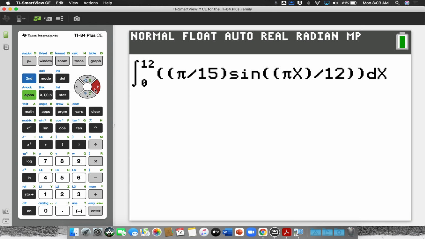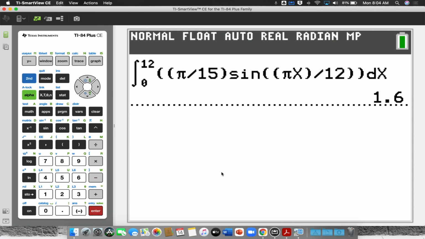They gave me one to start out with. I have one at the end. These two parentheses close out pi over 15. Then they gave me one for sine, and I think I have an extra one, don't I? Let's see, that's for sine. Yeah, I have an extra one. Let me delete that one. Yep, okay. Enter.